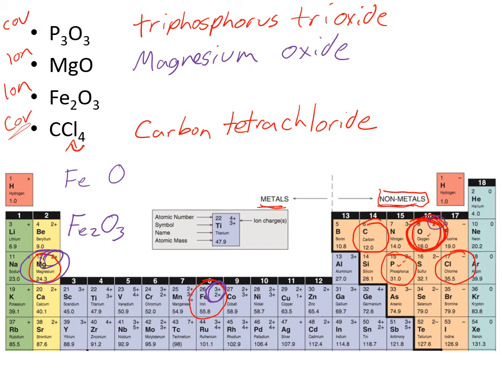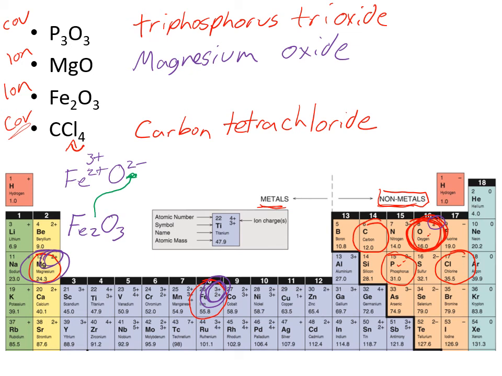O is 2 minus. Okay. Now, we reverse swap and drop. This 2 came from that 2 right there. Now, this one right here, it could be a 3 plus or a 2 plus.